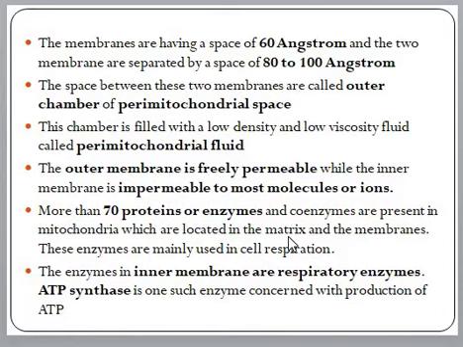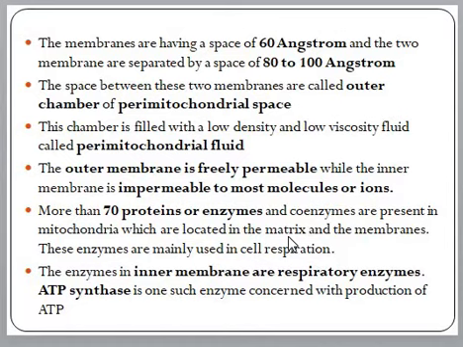Coming to the membranes, the outer mitochondrial membrane is freely permeable, while the inner mitochondrial membrane is selectively permeable, or impermeable to most molecules or ions. Around 70 proteins or enzymes are present within the mitochondria.